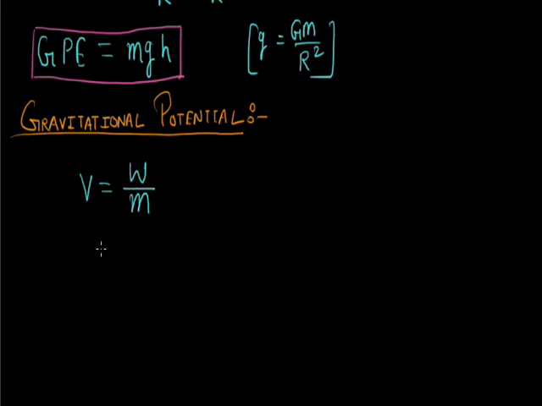So gravitational potential energy is minus GMm upon R, divided by small m.